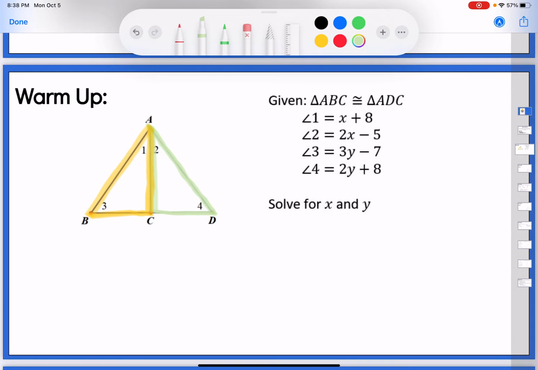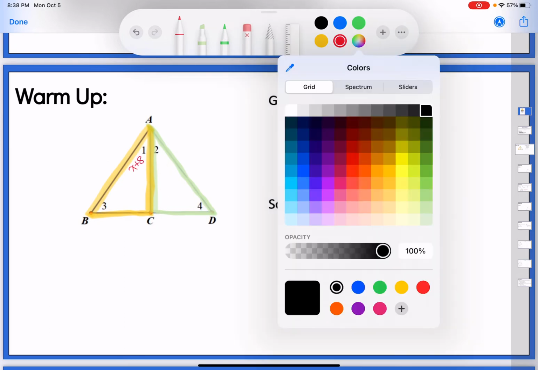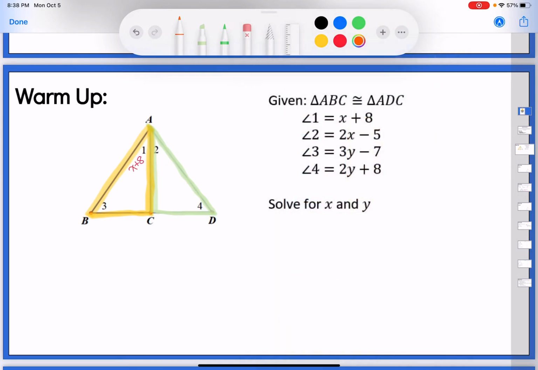All right, so those two triangles I already know are congruent. Then it says angle 1 is x plus 8, so I'm going to put that in my picture. Angle 2 is 2x minus 5. Angle 3 is 3y minus 7. And angle 4 is 2y plus 8. So I've put all these in my picture.